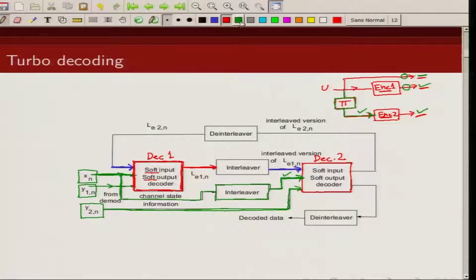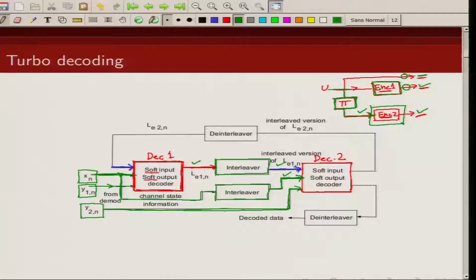Now what is the use of this interleaver? Note the order of the information bits here and the order of the information bits here. The information bit that is being fed to the second encoder is an interleaved version of the information bit that goes to encoder 1.